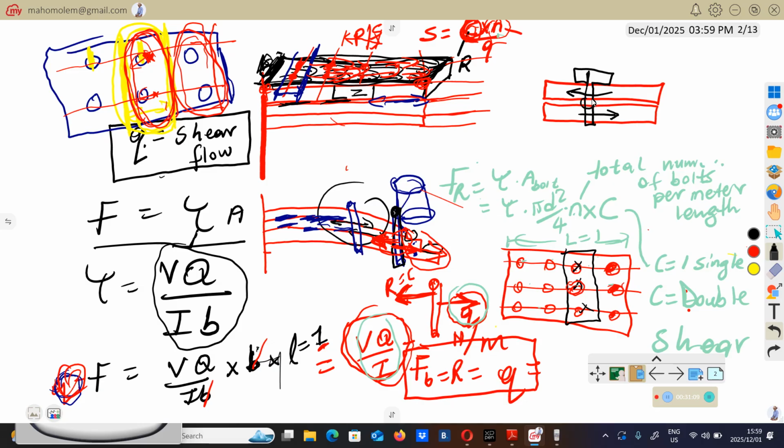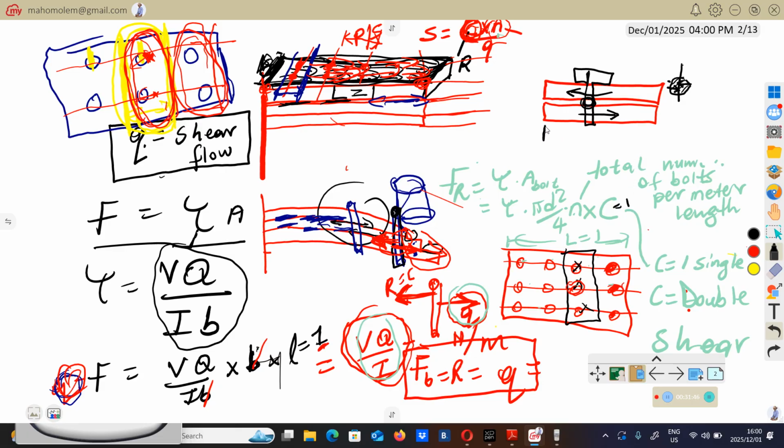Then this part is going to experience two opposing forces like this and like that. So this part is going to experience the shear. In this case, if you have two blades like this, you are going to have a single shear. That shear will occur in between here. In that case, you are going to have C equals to 1 on this formula.